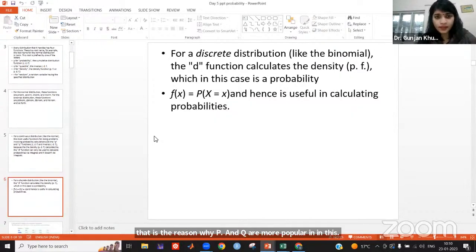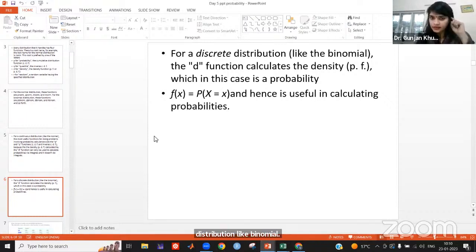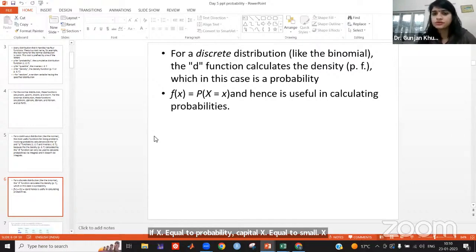For a discrete distribution like binomial, the function d calculates the density, which in this case is a probability, f(x) equal to P(X = x), and hence is useful in calculating the probabilities. For discrete, we generally use dbinom.